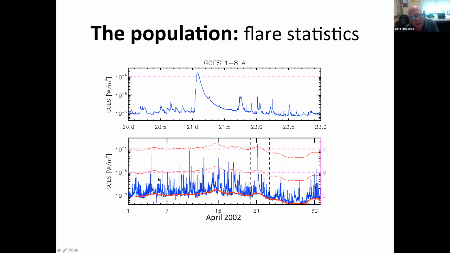Here is the initial month-long X-ray GOES curve. And here is that one day, April 21st. I call this the Earth Day flare. I think it's not quite on Earth Day, but that flare there.